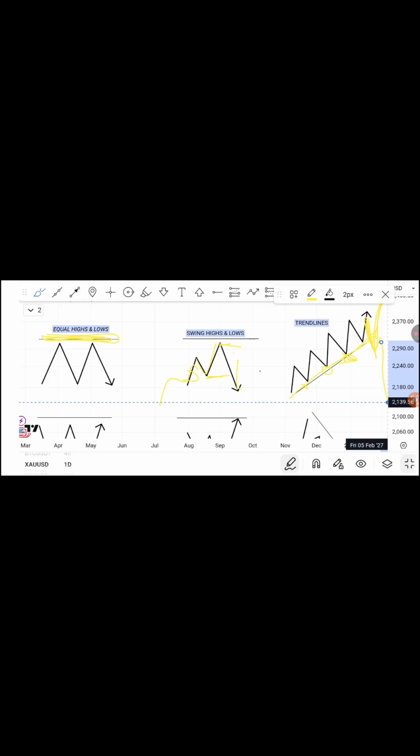Those retail traders also place a stop loss below the trend line, below the bullish trend line, or above the bearish trend line.